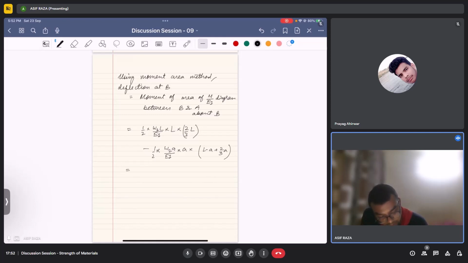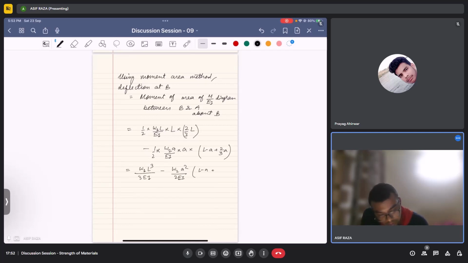Let me write it again, then simplify this. This will come out to be W1 L cube by 3EI minus W2 a square by 2EI times L minus a.